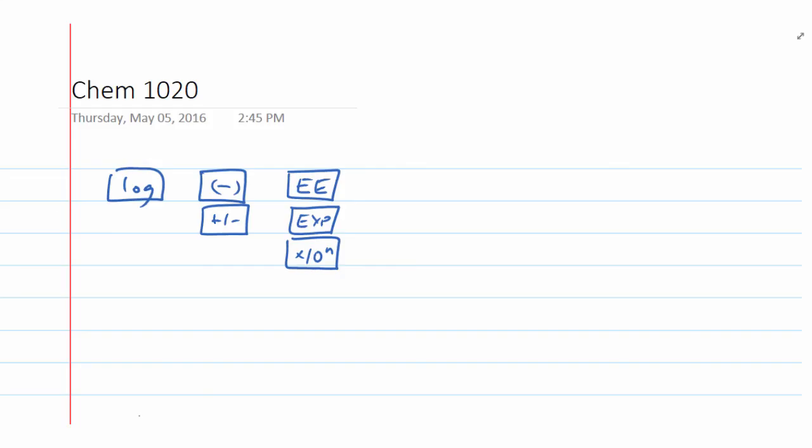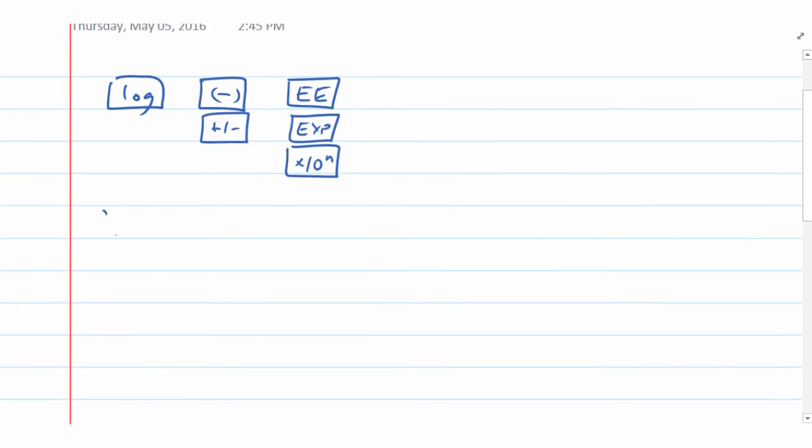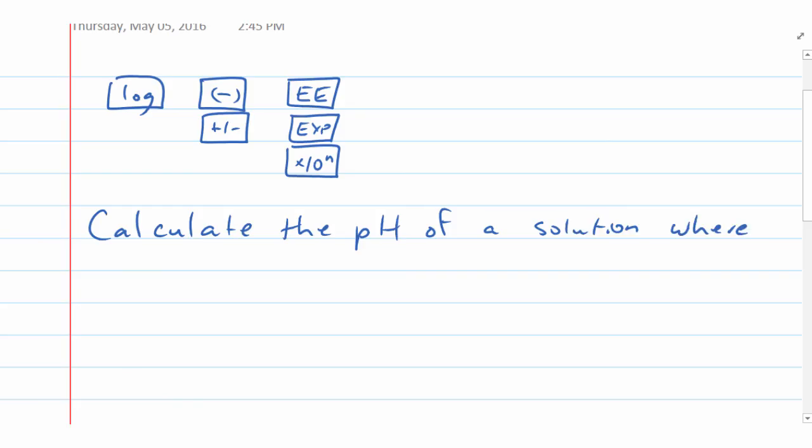So then to calculate the pH, let's say we'd like to calculate the pH of a solution. Using the calculators, calculate the pH of a solution where the hydronium ion concentration is equal to 5.6 times 10 to the -5th molar.